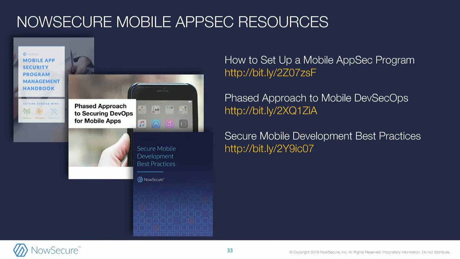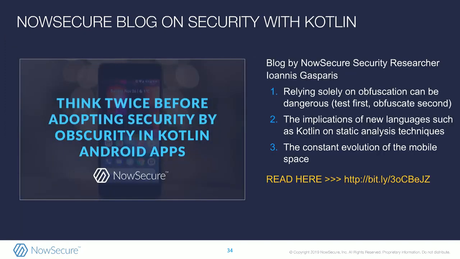We have a bunch of resources from NowSecure you can use too, so leverage how-to guides and documents on how to set up a mobile AppSec program, really how to evolve from Agile to DevOps, with mobile AppSec as part of DevOps in phased approaches like you would with many other things. And then over 100 pages of mobile development best practices are all available as well. And we find that these resources can often be very helpful to teams as they're planning things.